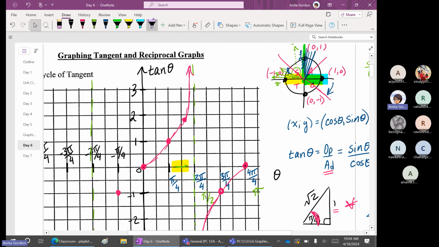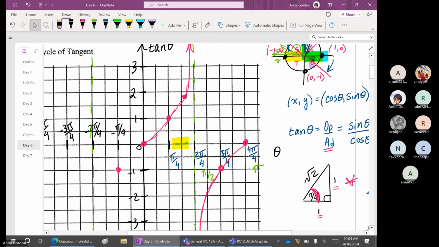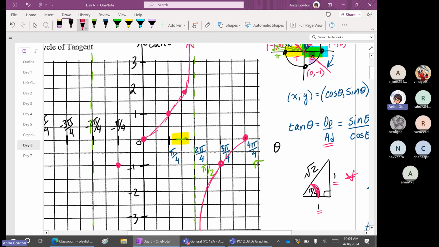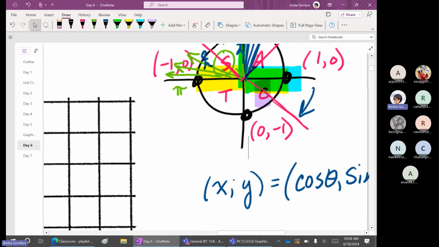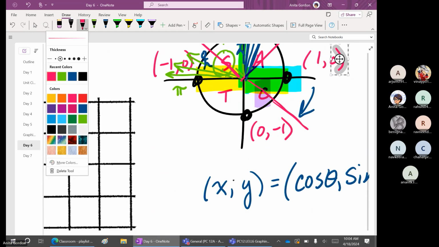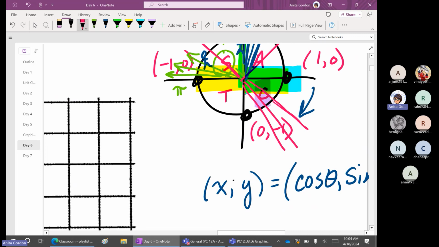Remember, only cosine is positive. And then as I approach negative pi by 2, as I get closer and closer and closer, my number is getting bigger as I get close, but bigger in the negative direction.